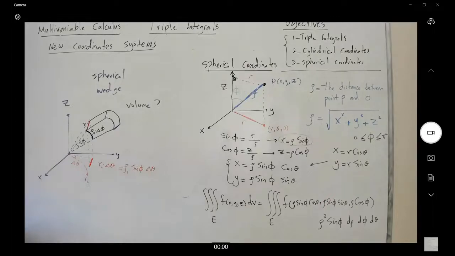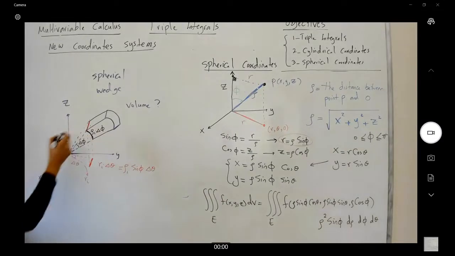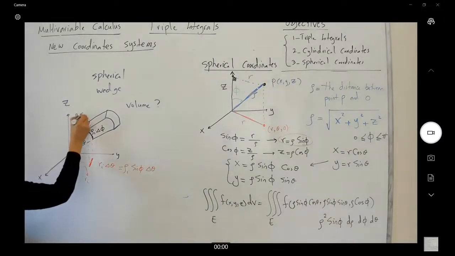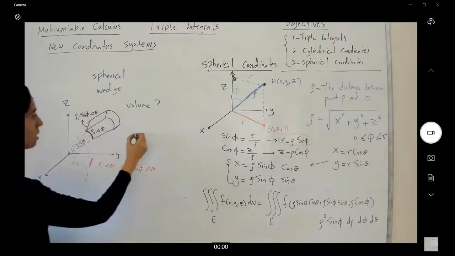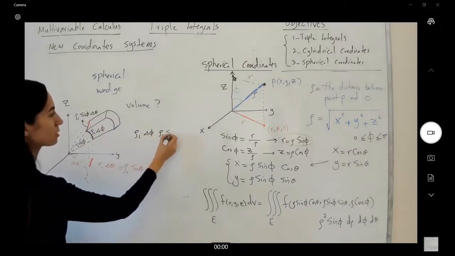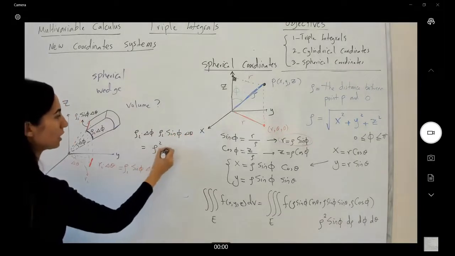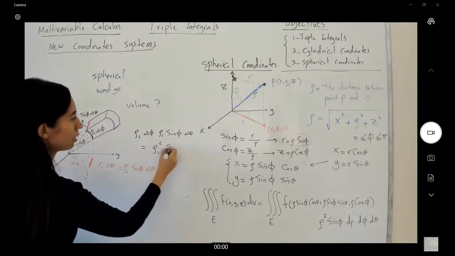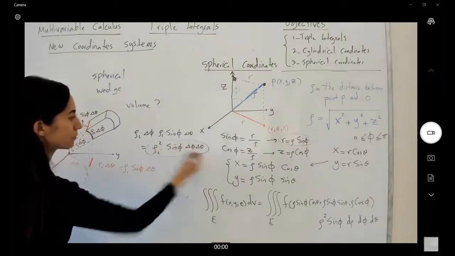Very well. We found all the missing elements. This is rho i sine phi delta theta, and we have this little piece here. So this is going to be this, and this is going to be this. So this little volume is going to be rho i delta phi, rho i sine phi delta theta, which is rho i squared sine phi delta phi delta theta.